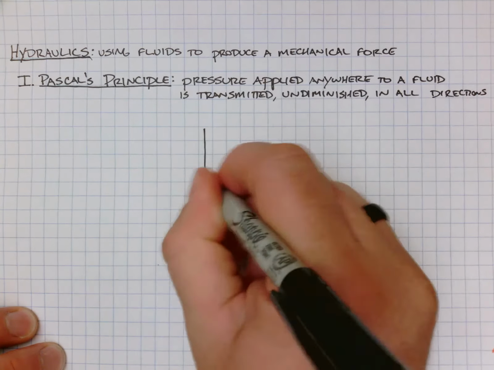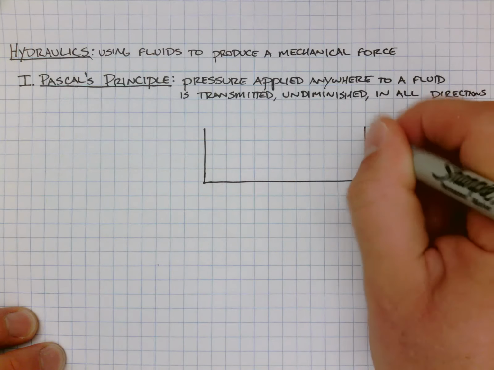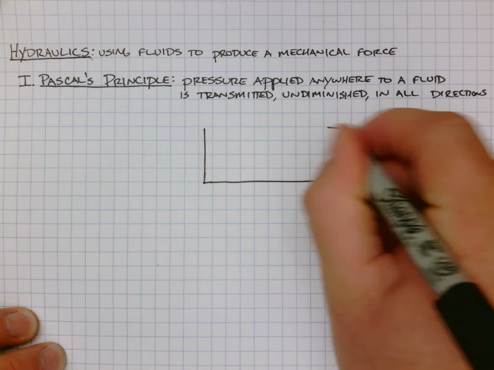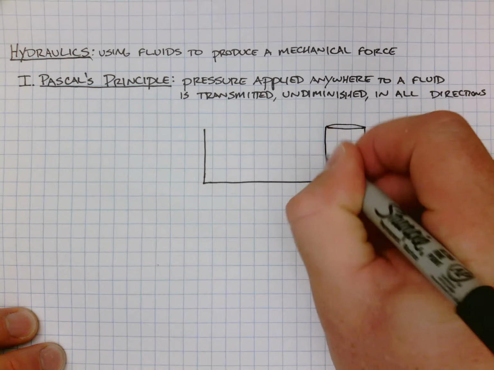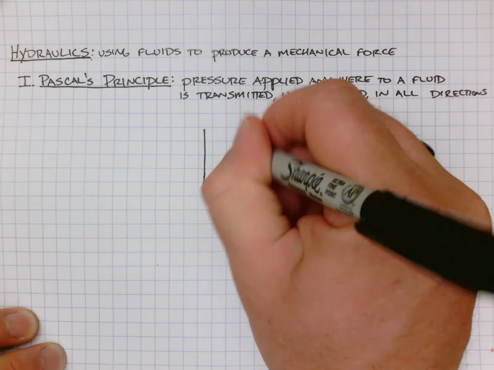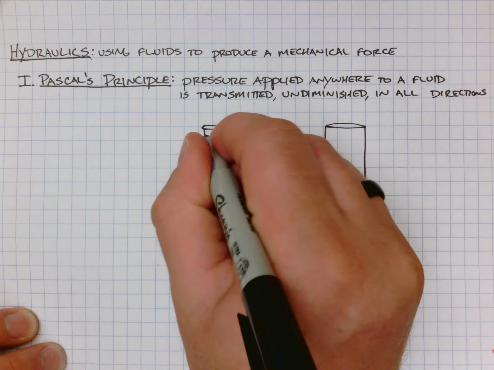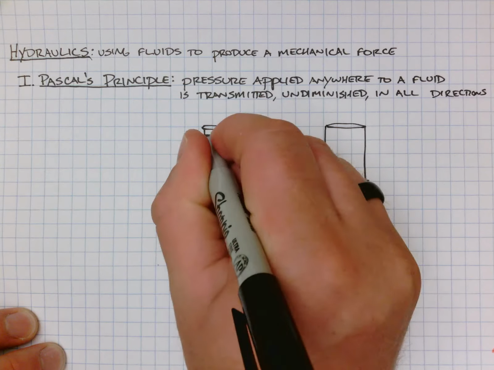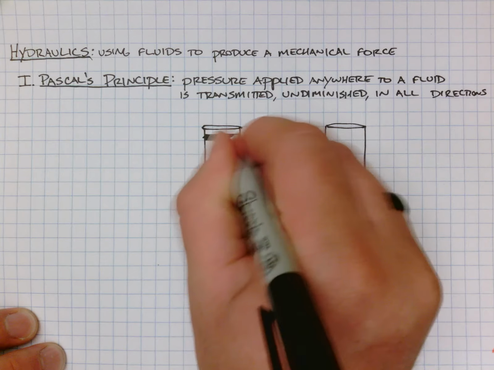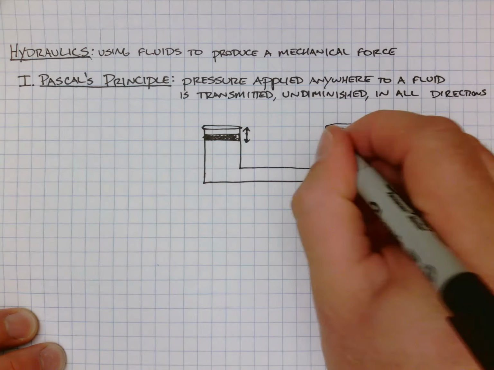fluid, typically your system is going to be represented by two connected containers which hold a fluid. And let's say this container has two movable pistons in them, which can move up or down.